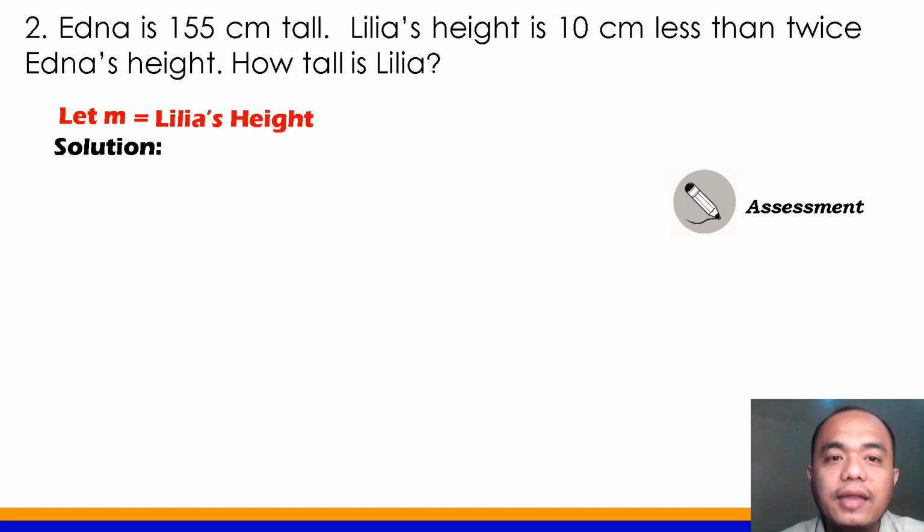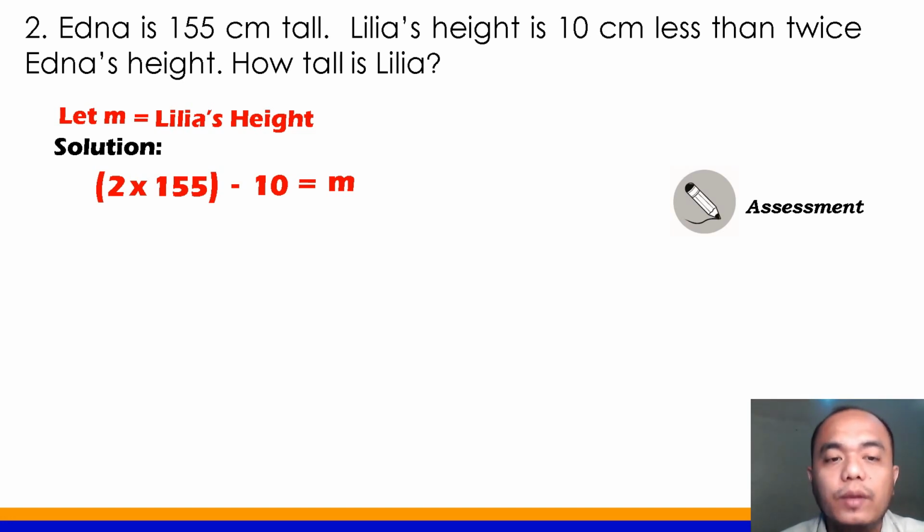Twice Edna's height, that means 2 times, ano nga yung height ni Edna? Yes, that's 155. You enclose that inside the parentheses, class, para mas madali mamaya sa pag-solve. Unahin na muna natin yan i-solve before yung iba. Less than, meaning minus, and then 10 centimeters. Okay, equals m. Diba? Yung m magre-represent ng height ni Lilia.